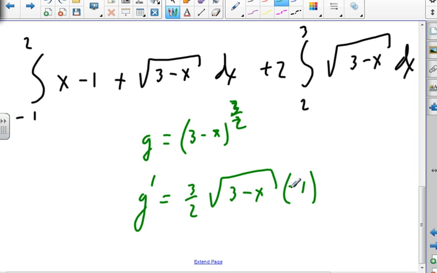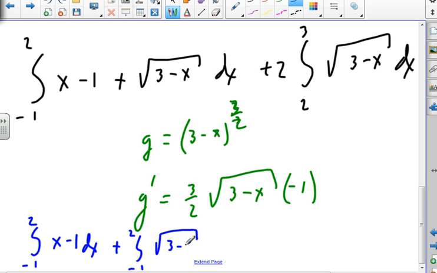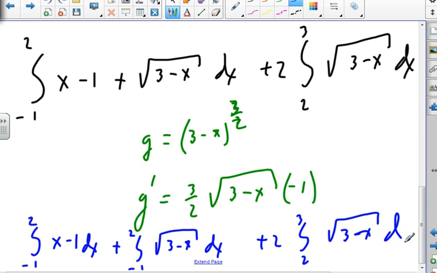I'm running out of room. So I'm going to go integral minus 1 to 2 x minus 1 dx plus integral minus 1 to 2 of the square root of 3 minus x dx plus 2 the integral of 2 to 3 square root of 3 minus x dx.